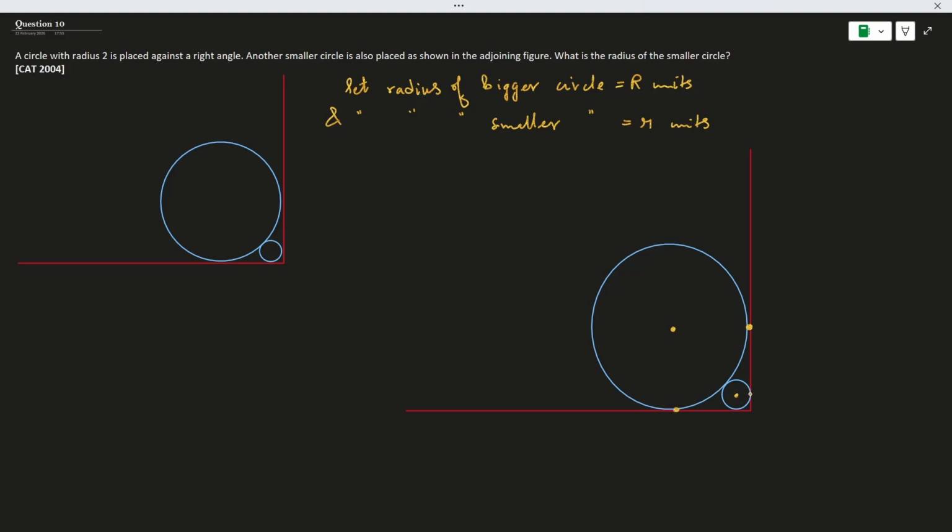This circle is also touching the sides of the right angle.